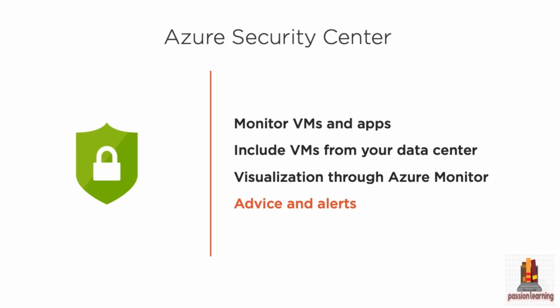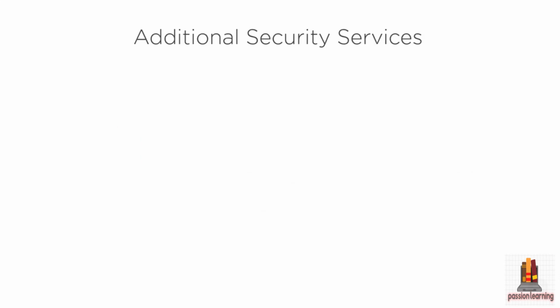Obviously, we want to be secure by default, but through the process of creating and building your solution, it's possible that you've opened yourself up to some risk, and the Security Center can help you identify that and figure out ways to mitigate it. And you can also get alerts when things start happening in your environment that are a security concern. There are some additional security services as well that have that familiar feel, but take advantage of the cloud. For example, Azure Sentinel.